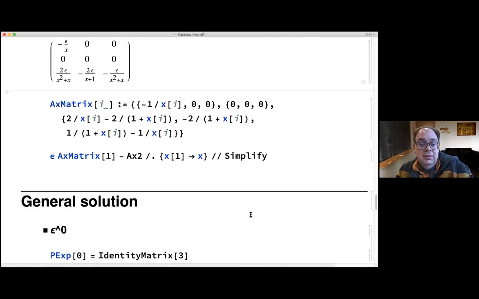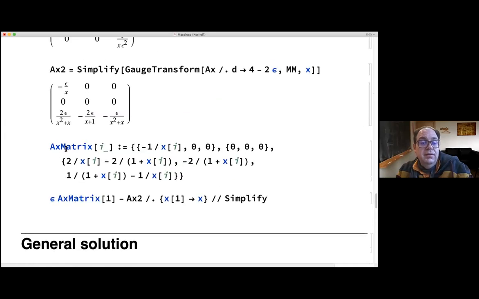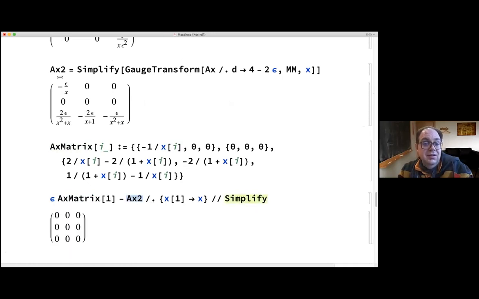Well, you do it with this perturbative exponential. So let me just here, because it's easier to code it up, define an object where I call the variable not x, but x1, x2, x3, because I have to integrate over it. So I want to change the name. It is just the same as this matrix here.